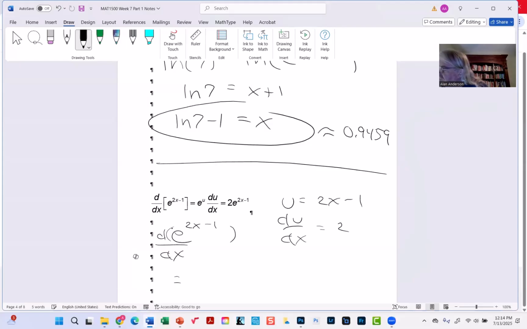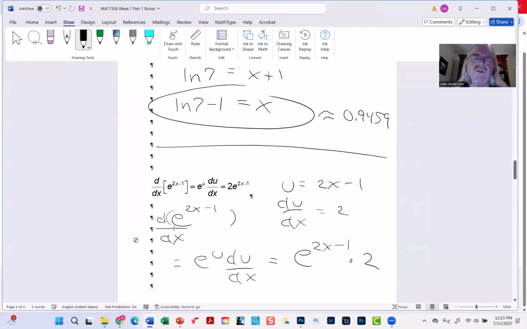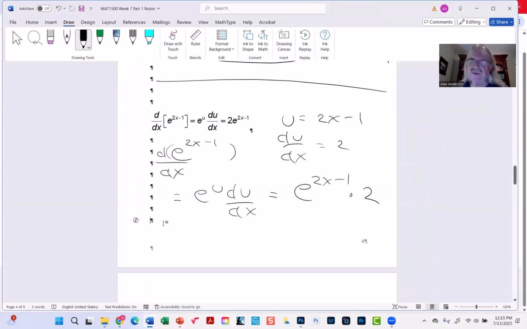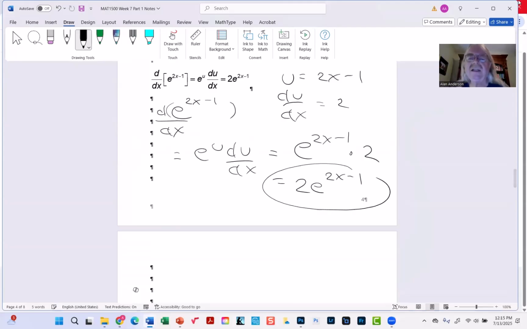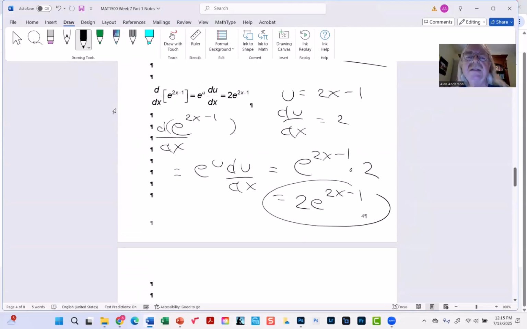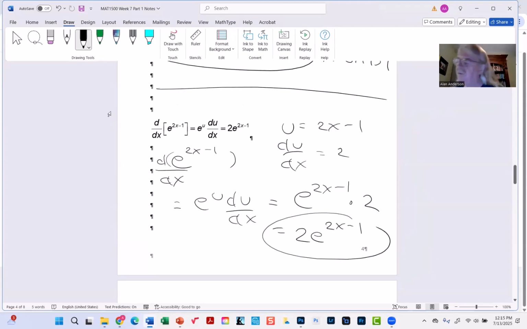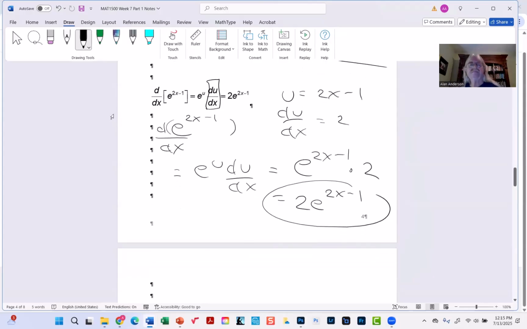So therefore, it'll simply be e to the 2x minus 1 times 2, or what you usually do in these cases is you write the 2 first. And that's it. We're done. Okay. So here's the thing, though. This is the part we have to be careful with right here. We do need the derivative of u in order to get a result.